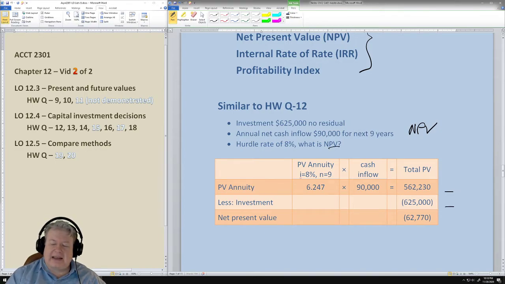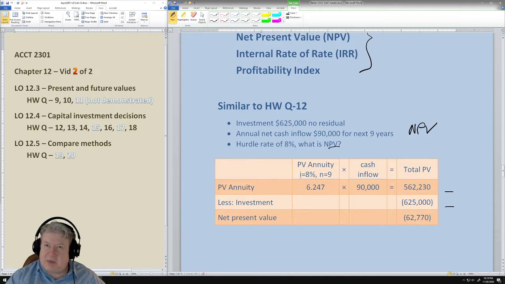So we're going to get this cash flow coming in, and we're going to spend $625,000 at the beginning. It may sound like $90,000 for 9 years sounds pretty good. But remember, the present value of $90,000 each year for 9 years is not the same as 9 times 90. It's not 810,000.